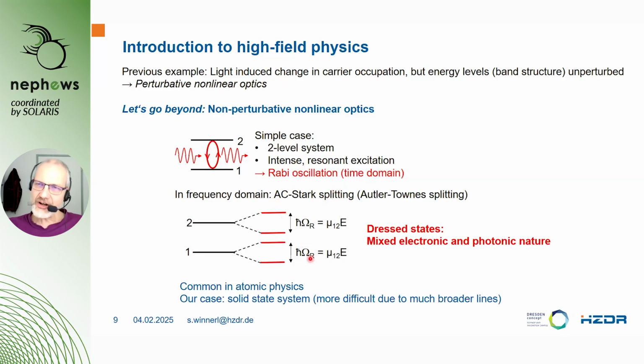So what we have here is actually a mixture of electronic and photonic nature of these energy levels. So it's called dressed states. Like here, without the optical excitation, of course, it's purely electronic matter, and then we dress these electronic states by the light and arrive at the new states.